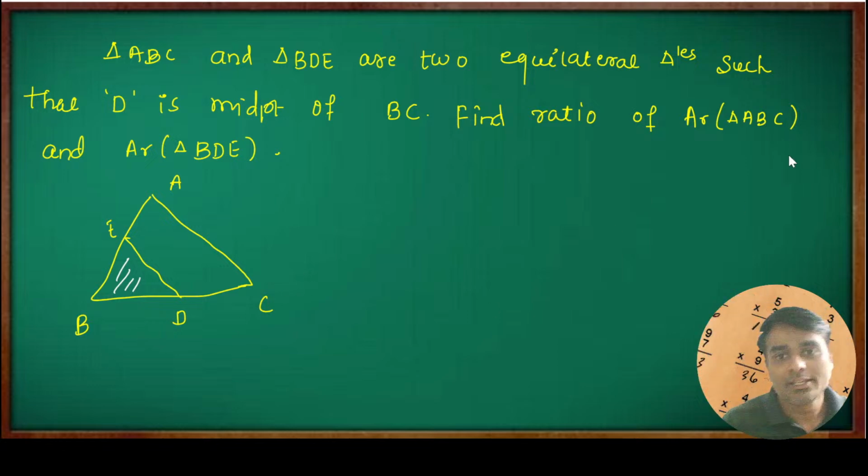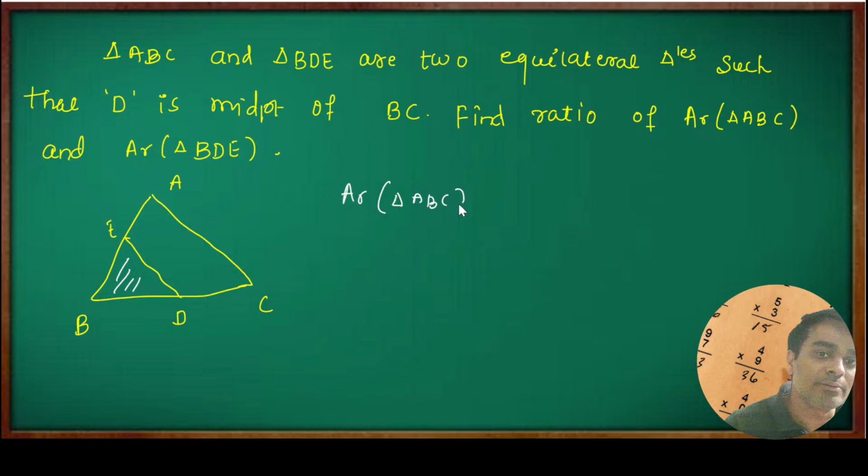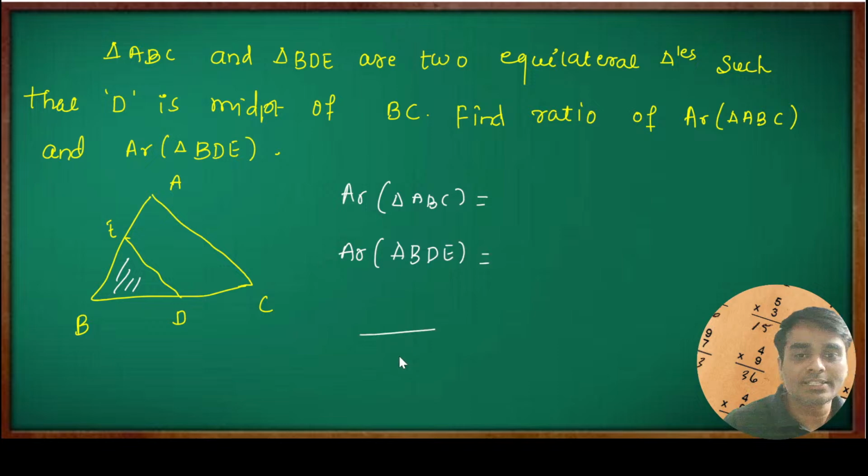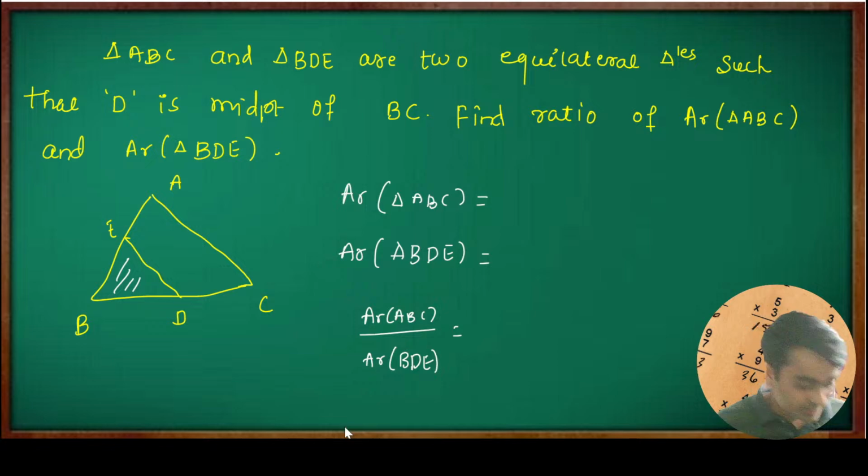First we need to find the area of triangle ABC, then the area of triangle BDE, and then just divide them: area ABC divided by area BDE. We will get the ratio.